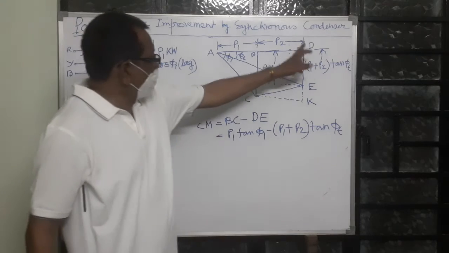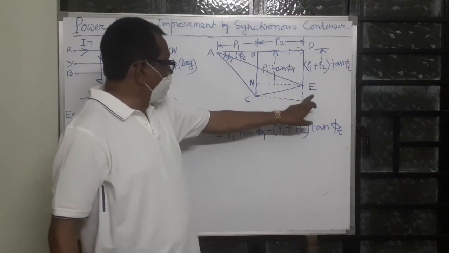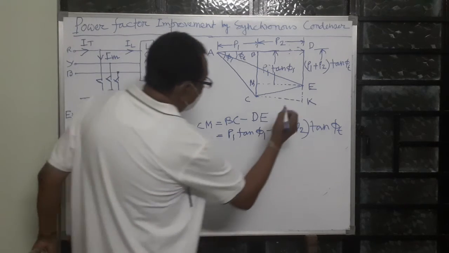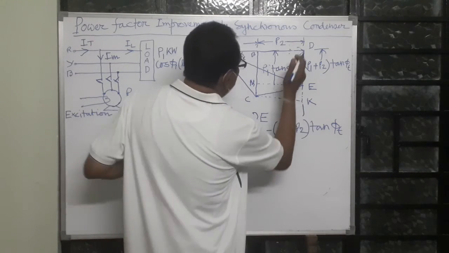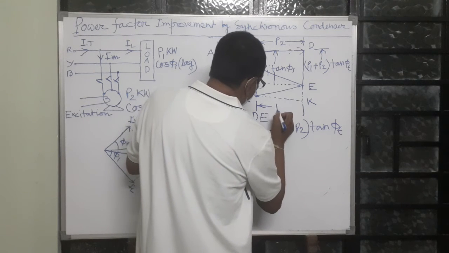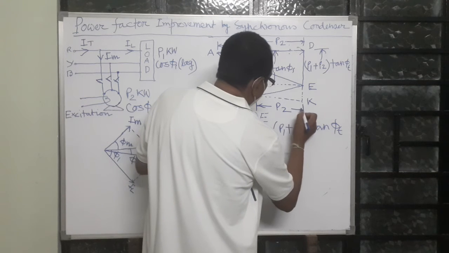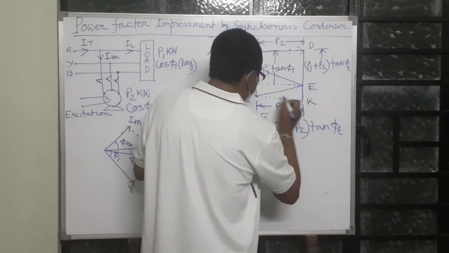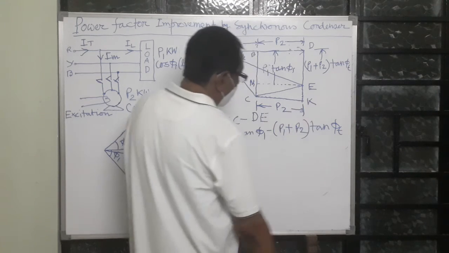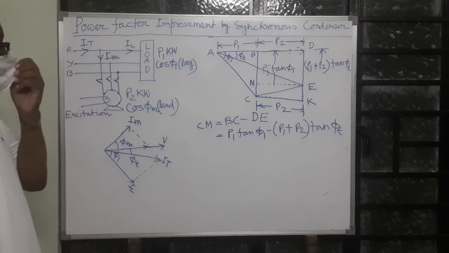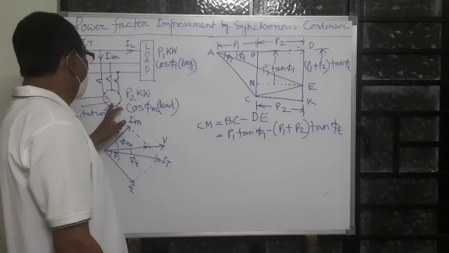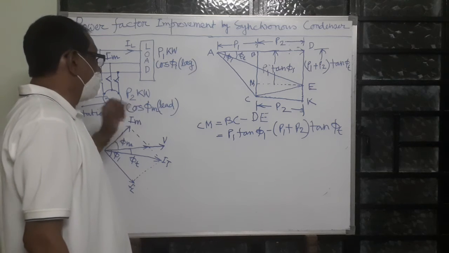Extend D up to E, so that EK is equal to BC. CK equals BD, which we can write as P2. P2 is equal to CK equals BD, that is the power taken by the synchronous machine.